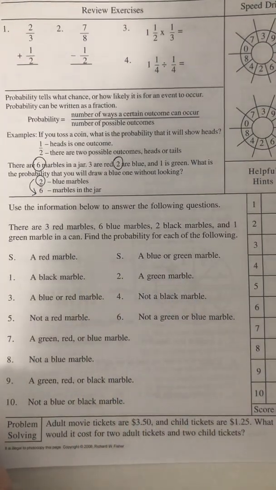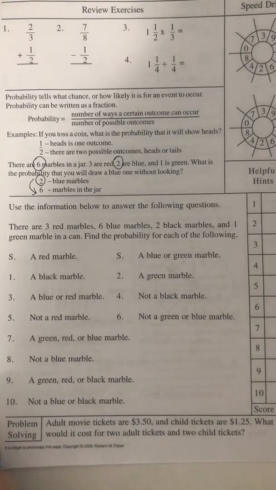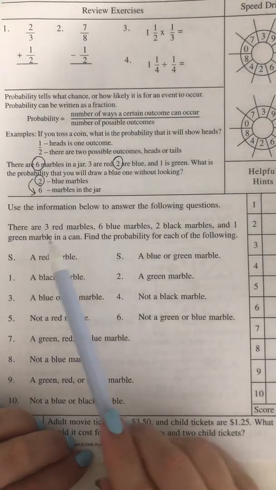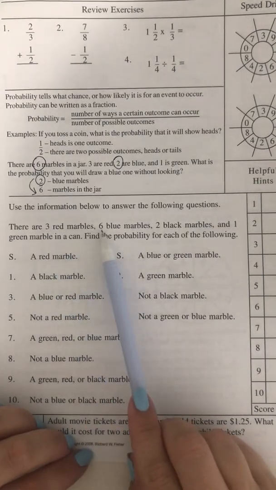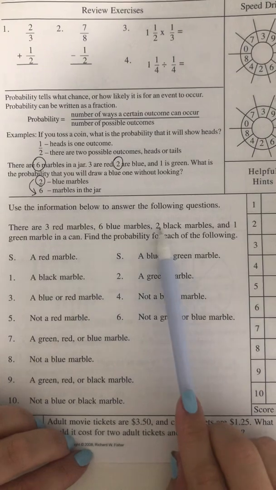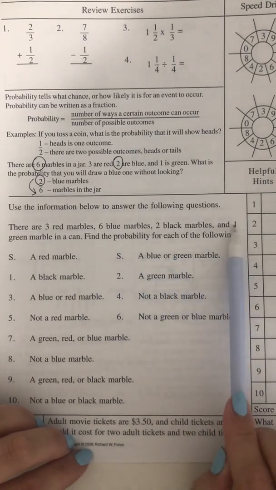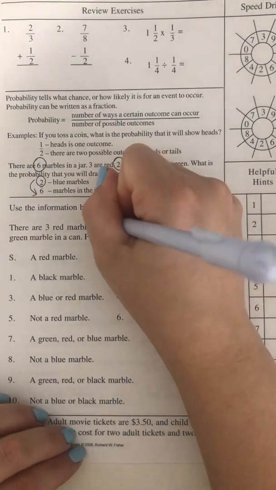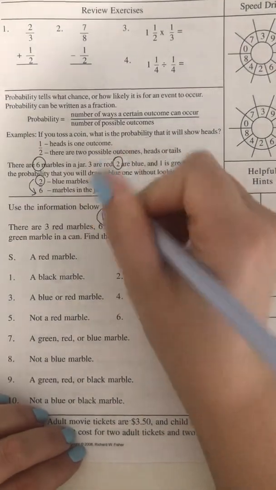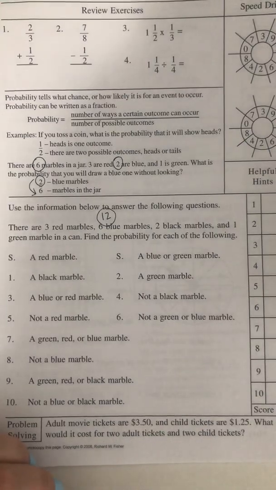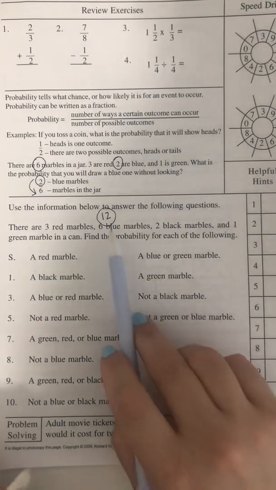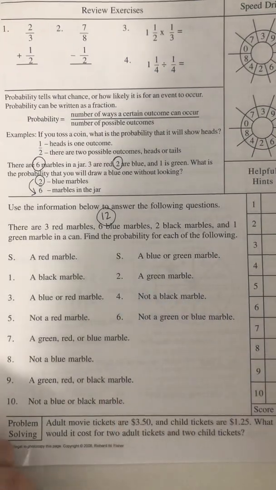Well, before we start, we have to know how many marbles there are in total. So let's count them. We have 3 plus 6, that makes 9, plus 2 makes 11, plus 1 makes 12. So it is very important that we know that there are 12 marbles in total. That's how we'll be able to figure out our probability in the form of fraction. And now that we know that we have 12 marbles in total, the rest is quite easy.